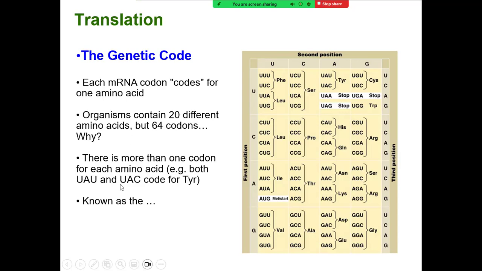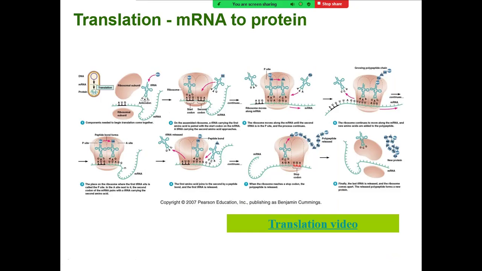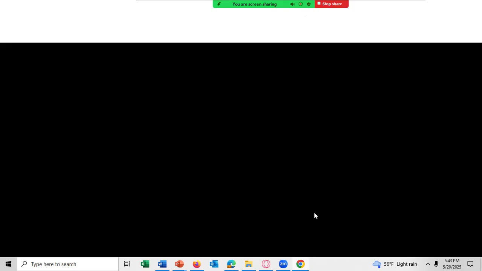This is known as the redundancy or the degeneracy of the genetic code, where there's more than one codon coding for the same amino acid. Degeneracy of the code. That means degenerate, more than one for the amino acid. Any questions about any of that? Let's watch a little video on translation.